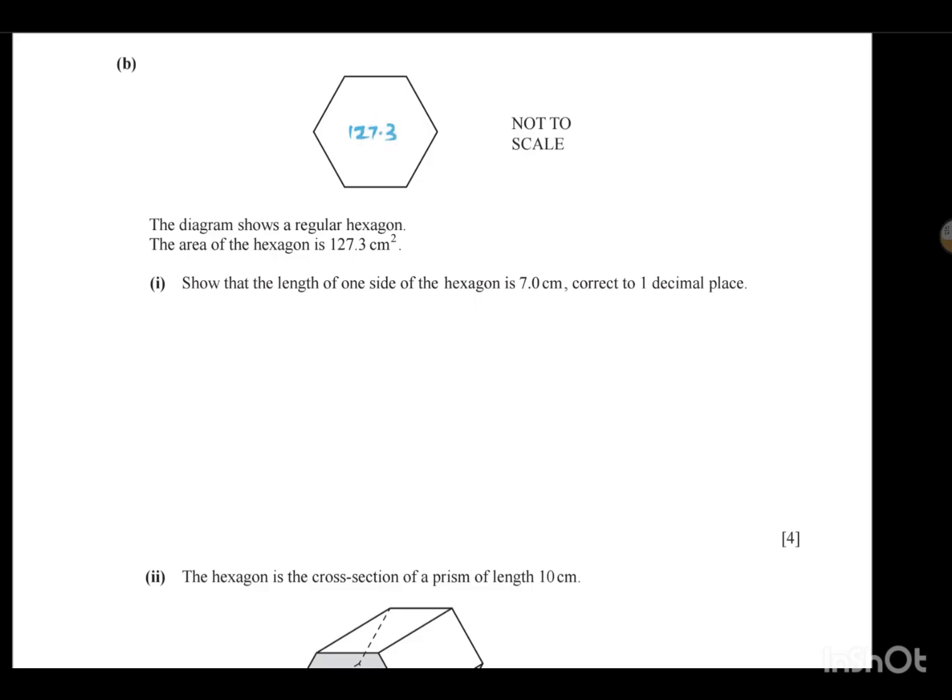So if I try to divide this into 6 equilateral triangles, we get each angle to be 60 degrees. Each angle of this equilateral triangle will be 60, 60, 60.